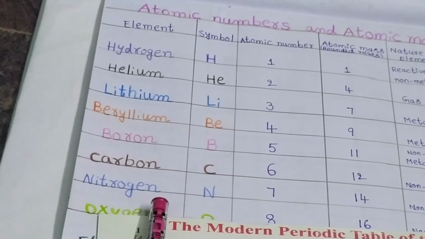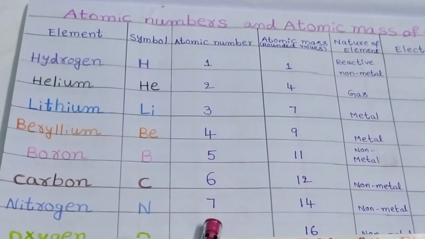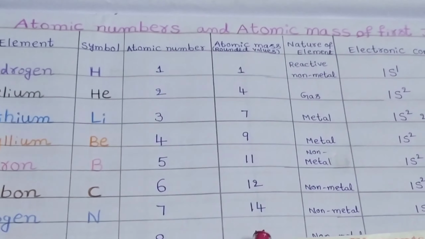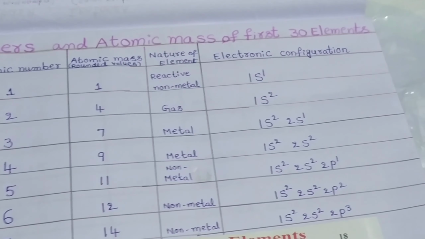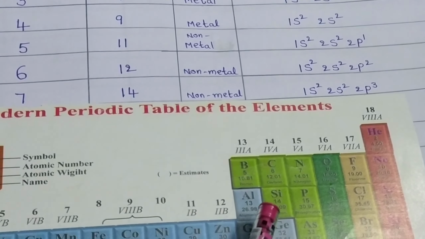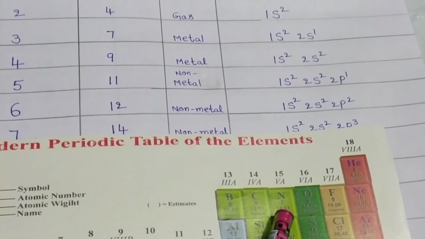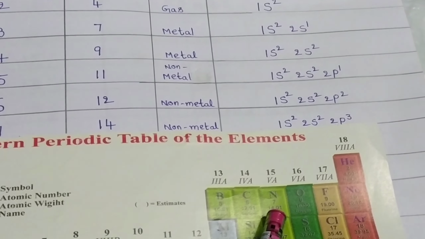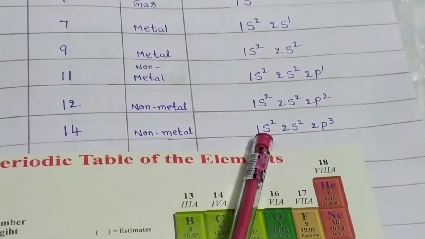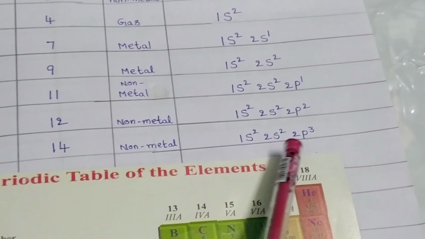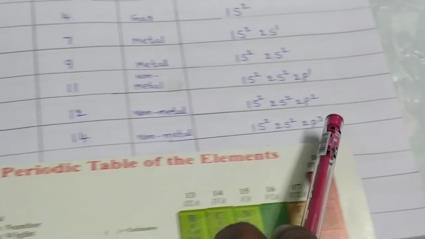Next, nitrogen. Symbol N, atomic number 7, atomic mass 14. It is an example of a non-metal. Nitrogen is the third element in the p block, so the electronic configuration is 1s2, 2s2, 2p3.